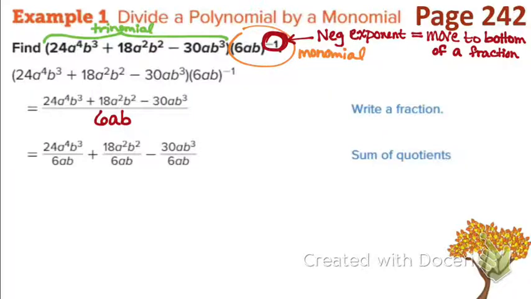You guys told me this was a monomial. How do we divide with a monomial? Distribute to each term. So I'm going to distribute it here, and here, and here. That's what we've got written down here. There's my first term over my monomial.